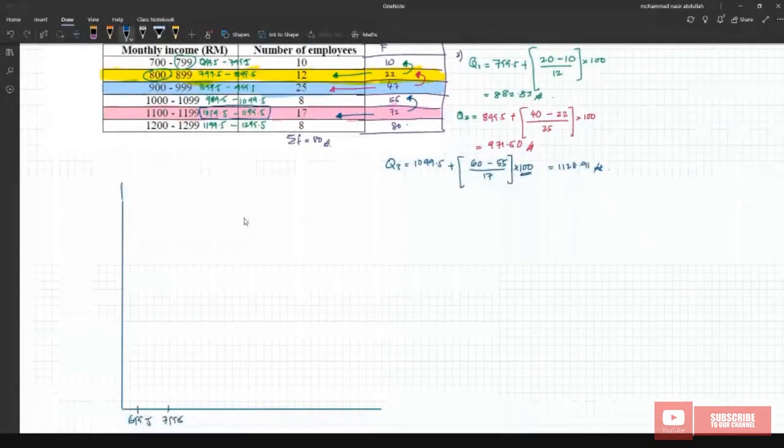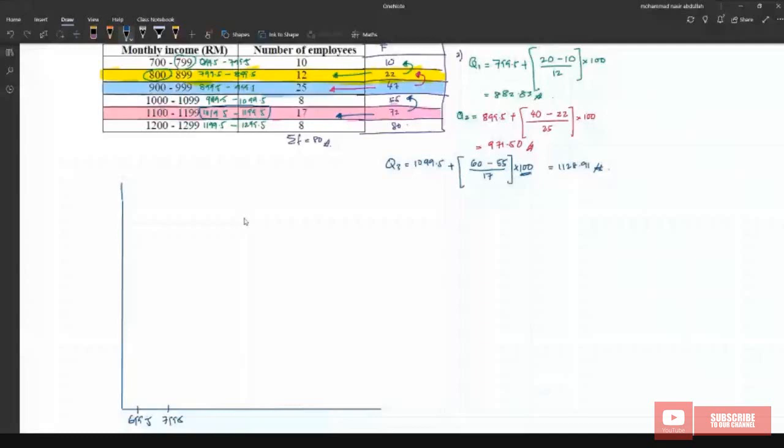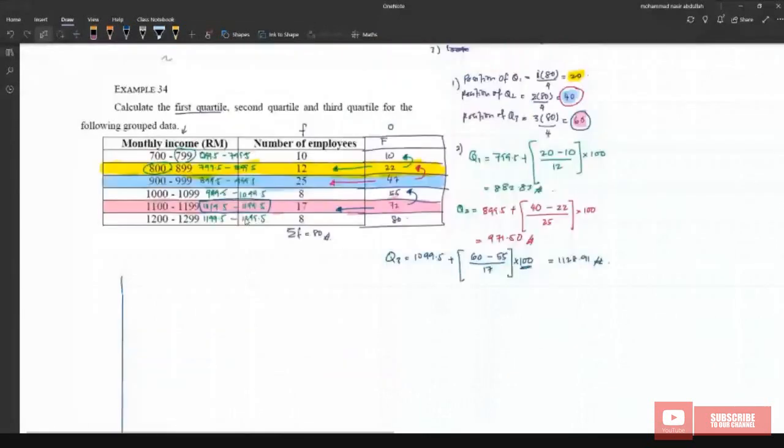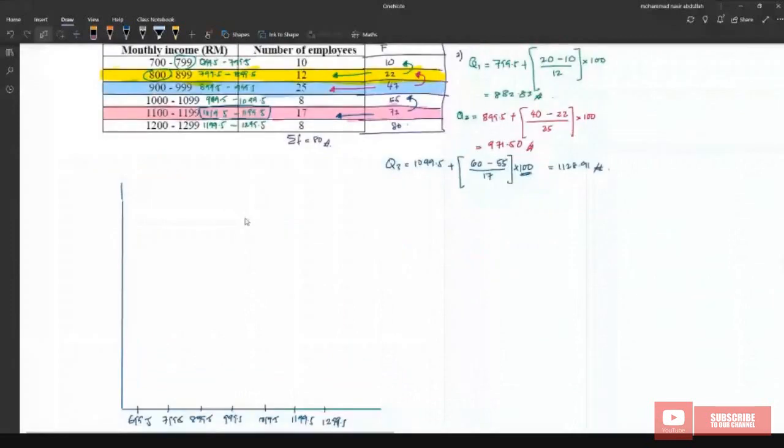Let's say this is 899.5, and this is 999.5, and this is 1099.5, and then we have 1199.5, and the last one is 1299.5. So this is the cumulative frequency.